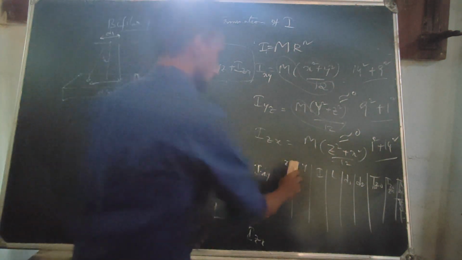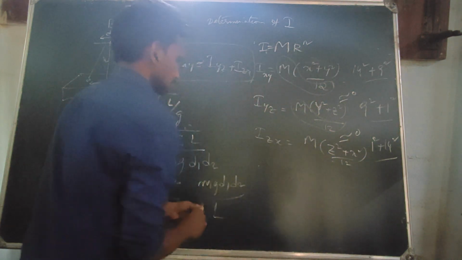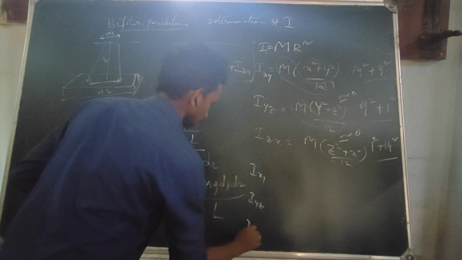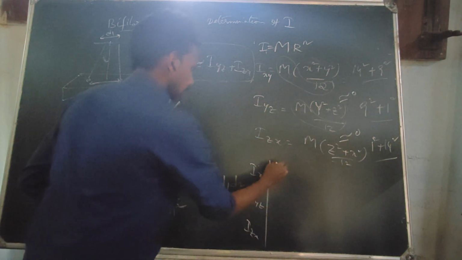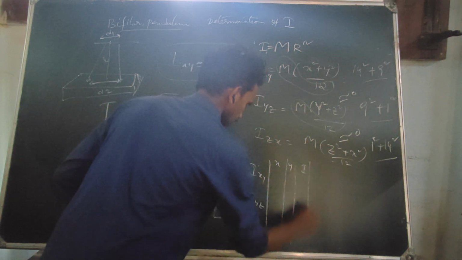So we have 2 parts. So Ixy, Iyz, Izx. Here X, Y and I, one set.